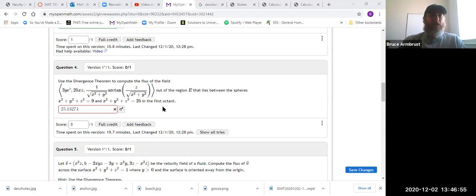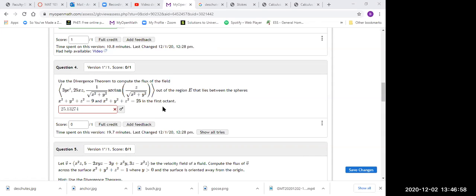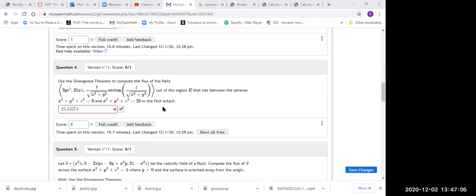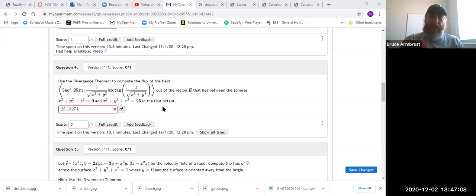Can you even visualize what it looks like? Think about the shell of a basketball, and then we're cutting that basketball into eighths and looking at one little piece of it. In terms of the surfaces, there's the outer sphere and the inner sphere, and then the little planes that connect the edges, that gives it the thickness. So we're definitely good to dive in with the divergence theorem.